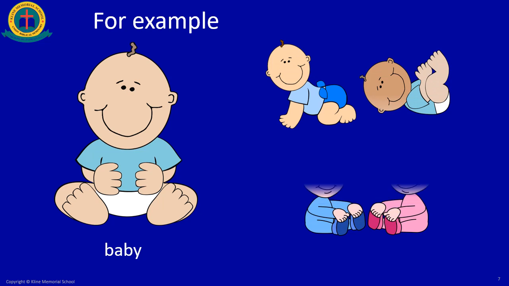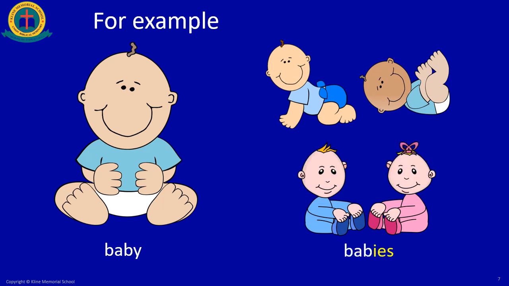One baby, many babies. Here also, to change the word baby to its plural form babies, we remove the letter Y at the end and instead we write IES. So children, do you understand this rule?